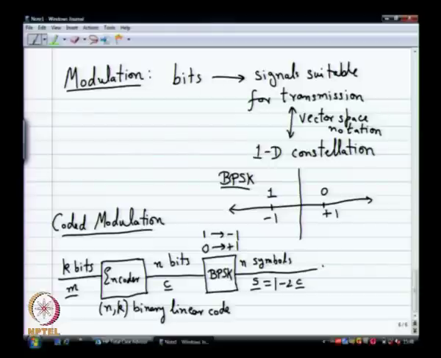A random variable gets added to each symbol, either plus 1 or minus 1, and that random variable is independent from symbol to symbol, and it has some variance which we will call sigma square, which might be some N naught by 2 in your white noise assumption.